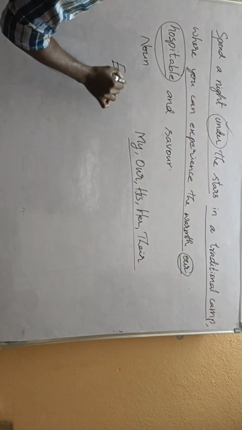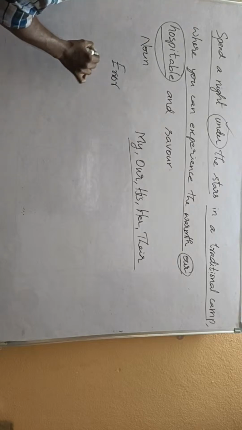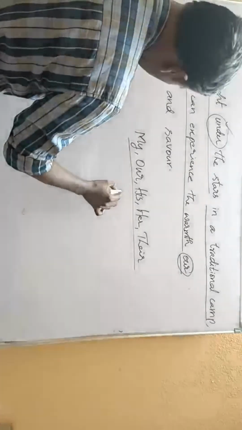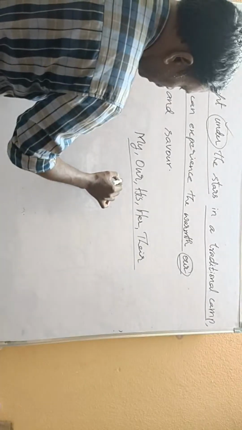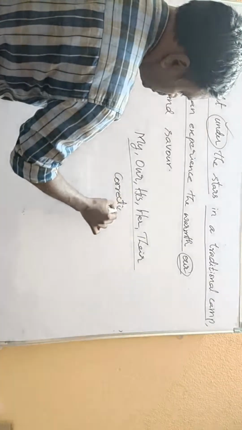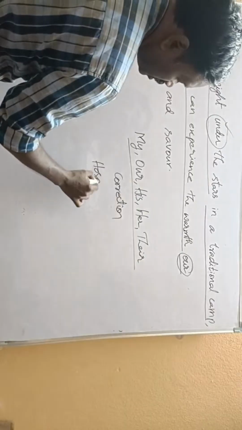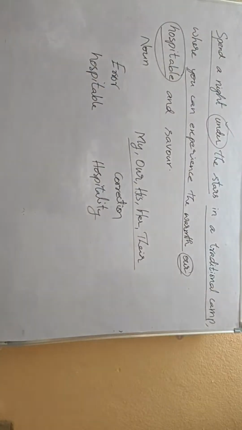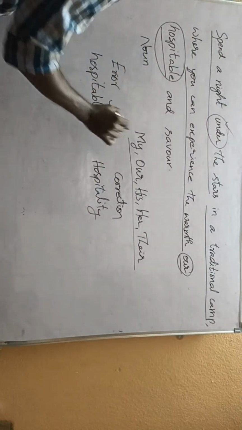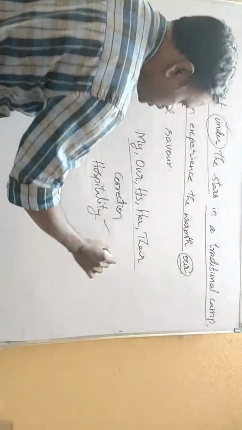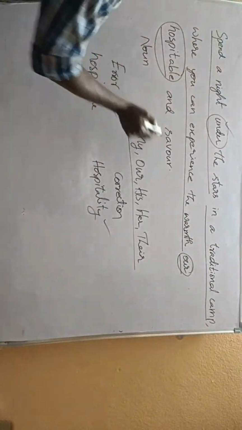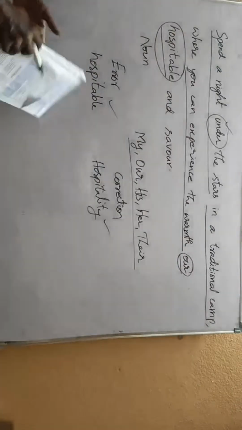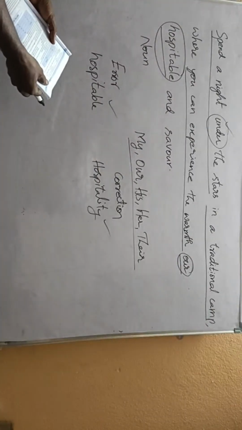Error is hospitable. The noun form of hospitable, correction is hospitality. Understand? Hospitable we should not use. Only the noun form we have to use: hospitality and saver. Okay? Right. Next question.